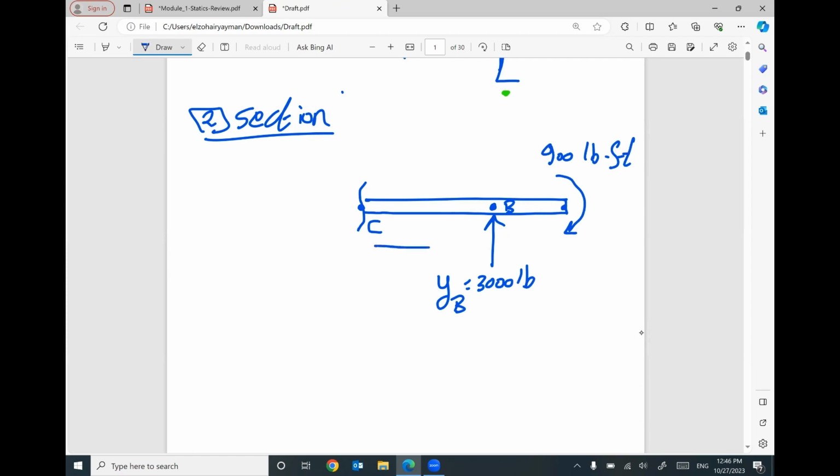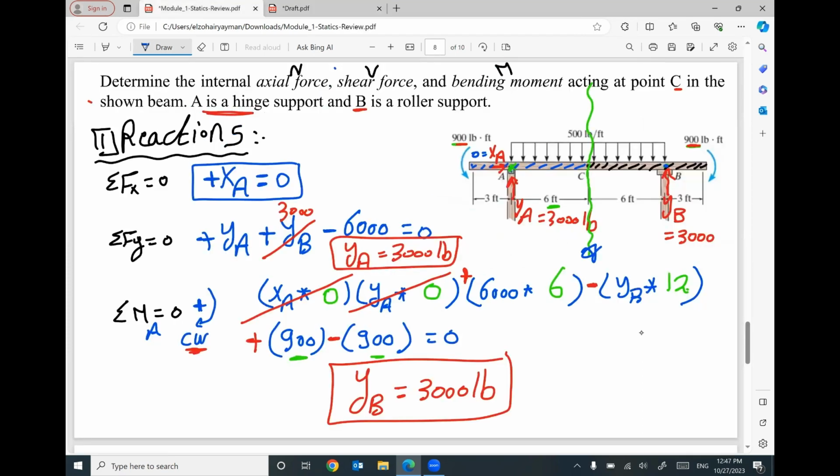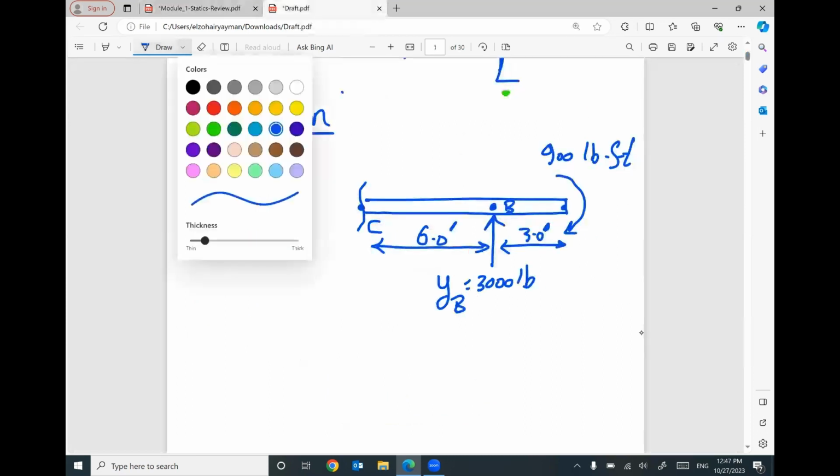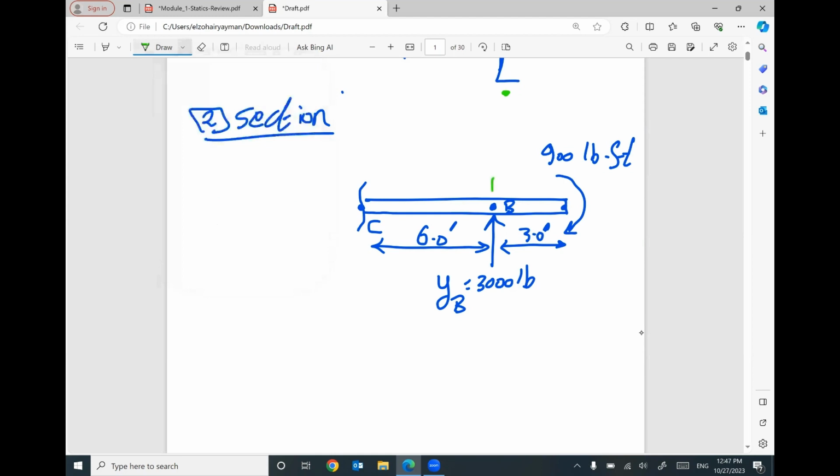And this distance equals 6 feet, and this distance equals 3 feet. What else do you have on the right-hand part? I think we have this part of the distributed load with a value of 500 pound per foot. This is everything right now on the right hand part.